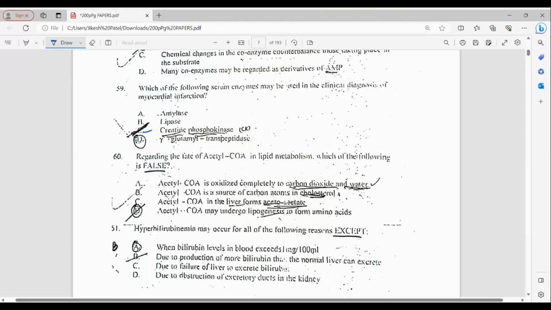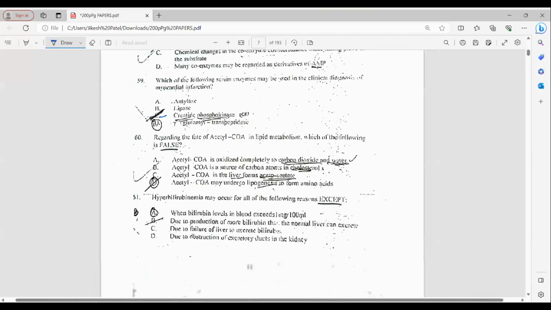It's obstruction of the ducts in the liver, not in the kidney. So these guys were just doing wordplay here.